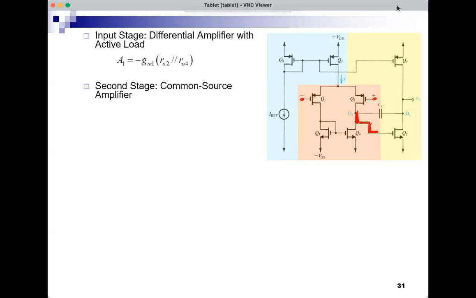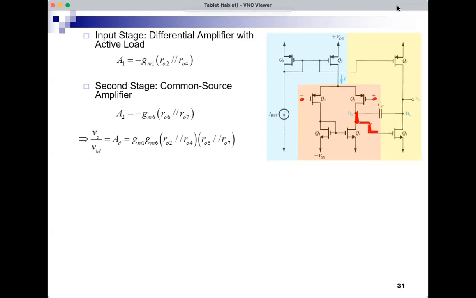The second stage is a common source amplifier. And we know what the gain of a common source amplifier is, minus GM R prime L. So minus GM6, because Q6 is the amplifying MOSFET, and R prime L is RO6 parallel RO7. The overall gain would be the multiplication of these two, because the common source does not load the differential amplifier.